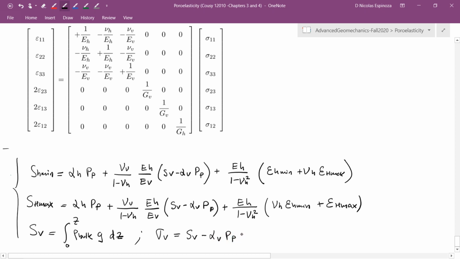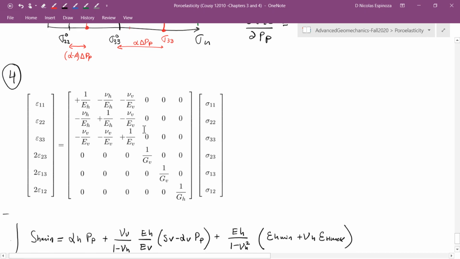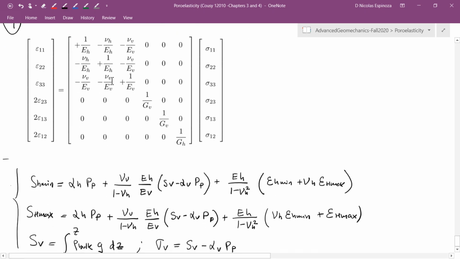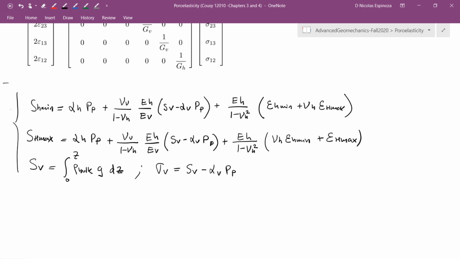All right, so these are the equations for the VTI model. We already know what is the vertical Young modulus, the horizontal Young modulus, horizontal and vertical Poisson ratios.